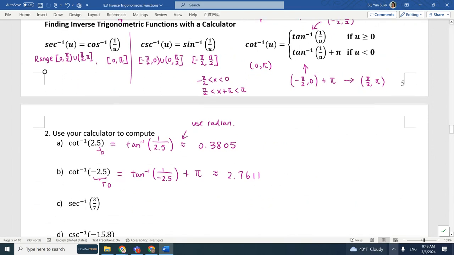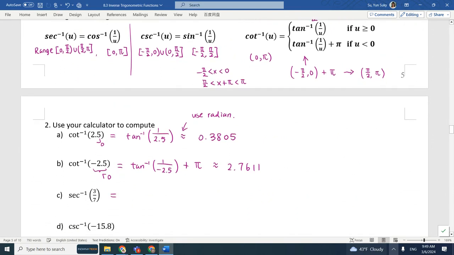Now, how about arc secant? Arc cosine of 1 over 3 over 7. Oh, it's undefined. Again, why? The cosine is oscillating between -1 and 1.